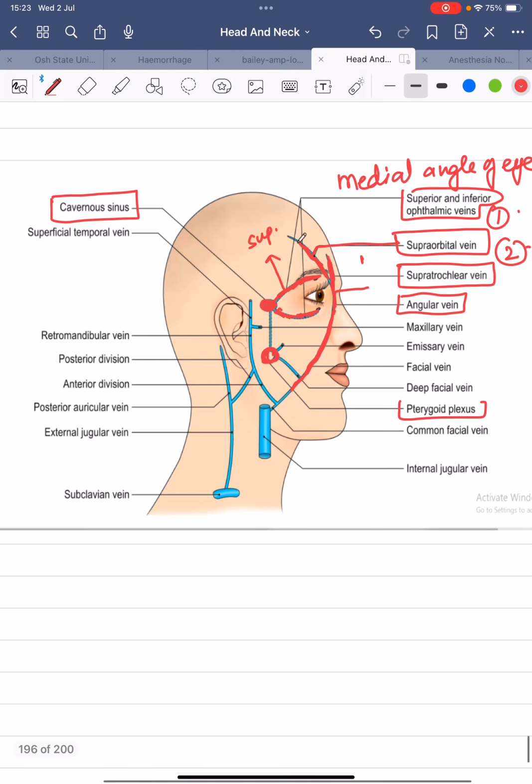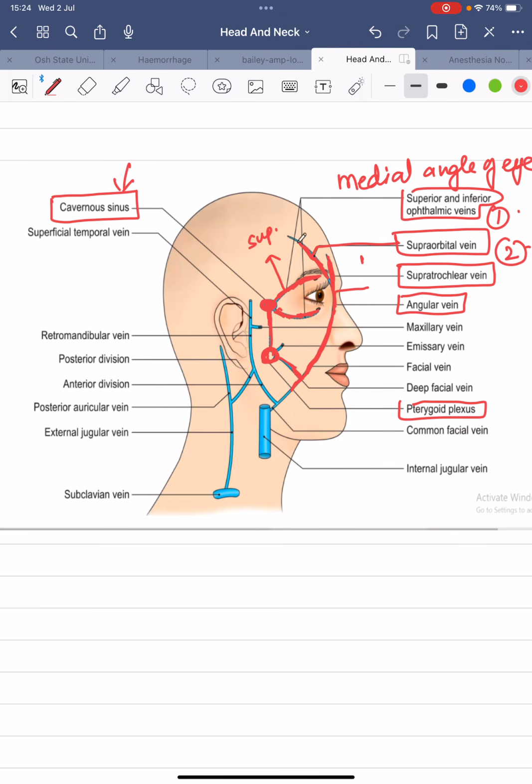Through the deep facial vein, the pterygoid plexus is also connected to the facial vein and to the cavernous sinus. So please remember, if there is any infection in the face region, because these veins are connected to the cavernous sinus, it provides a pathway for the spread of infection from the face to the cavernous sinus.